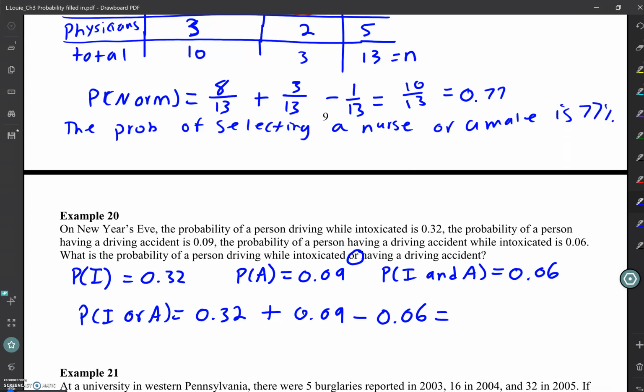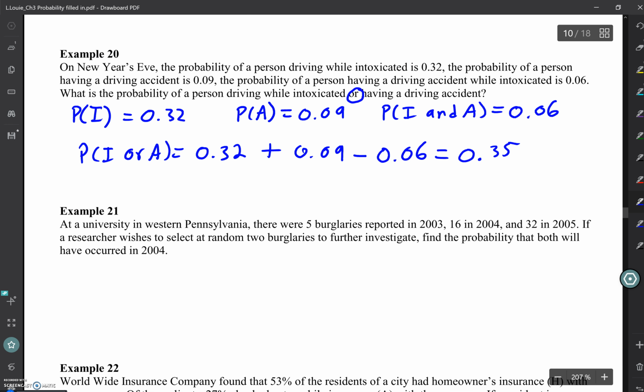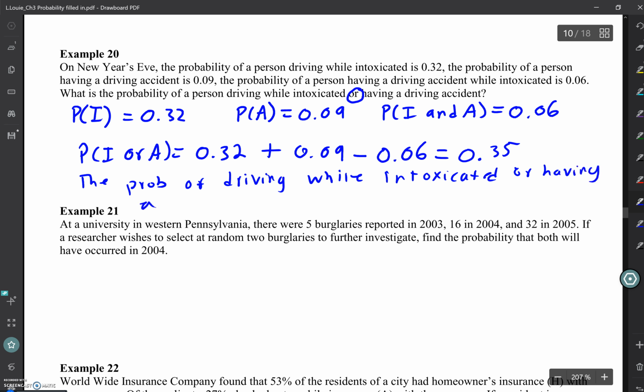So what's that going to give me? 0.35. So that tells me the probability of driving while intoxicated or having a driving accident is 35%.